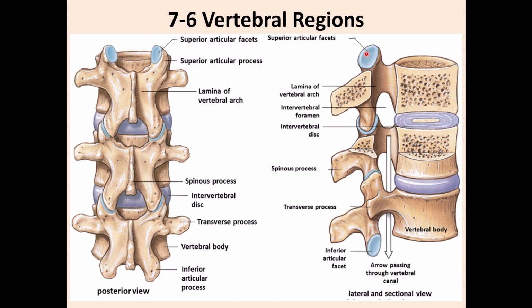Now you also see these processes around here, and these processes have the facets. The facets are part of the articular processes, and you can see that they articulate with each other. The superior one will articulate with the inferior one. The inferior one here articulates with the superior one here.